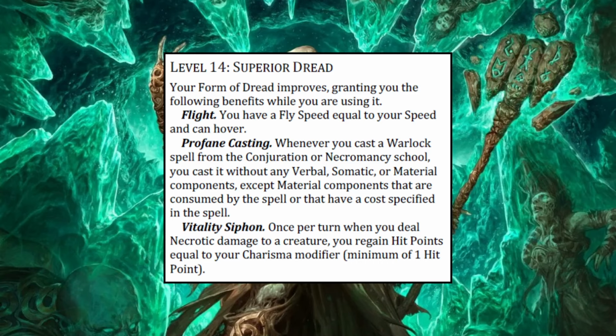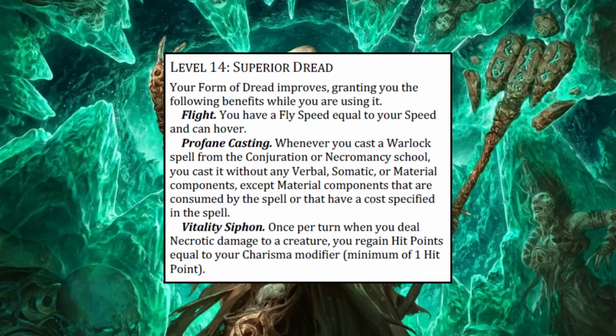Profane casting. Whenever you cast a warlock spell from the Conjuration or Necromancy school, you cast it without any verbal, somatic, or material components, except material components that are consumed by the spell or that have a cost specified in the spell. That is particularly potent because that means that the spell can't be counterspelled, which is very nice.